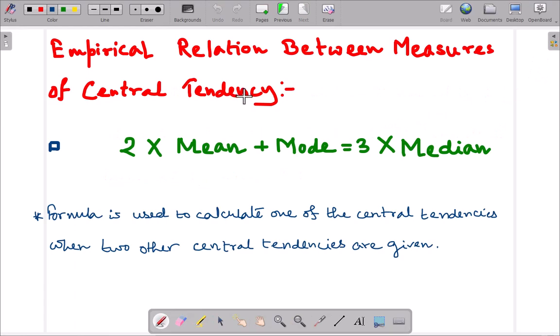There is a relation between measures of central tendency, that is 2 into mean plus mode equal to 3 into median. This formula we can use to calculate any one of the central tendencies when we know the other two central tendencies.